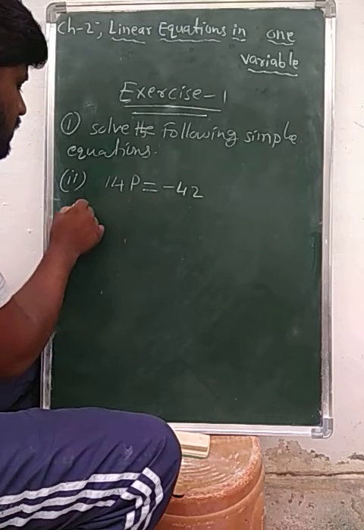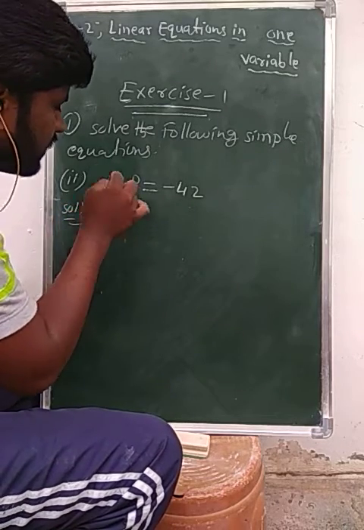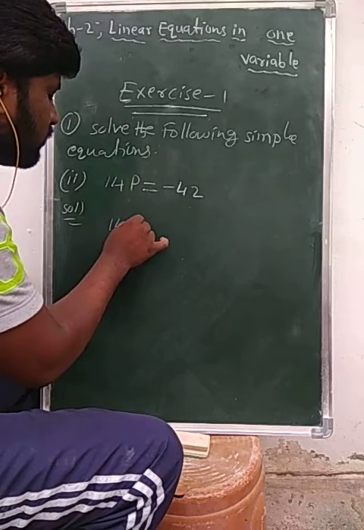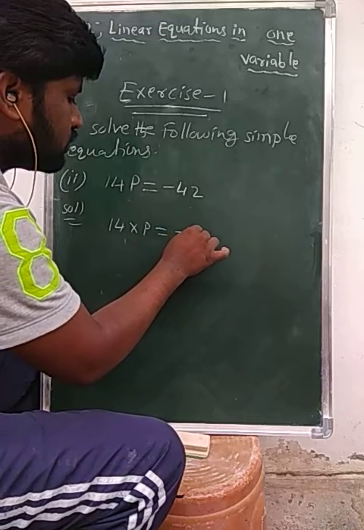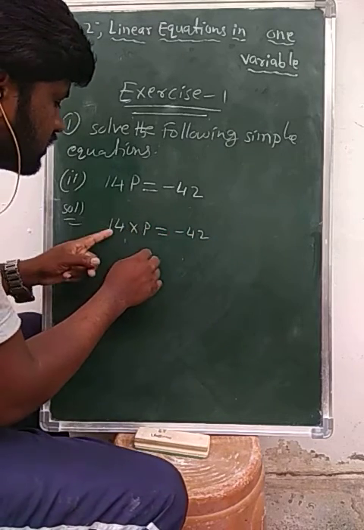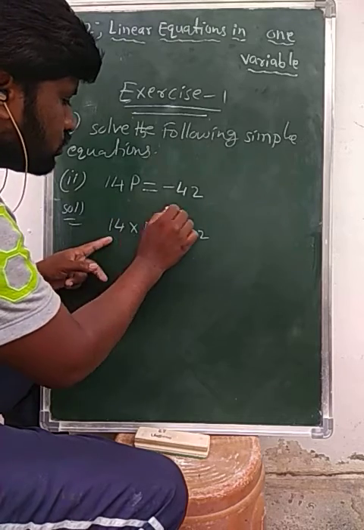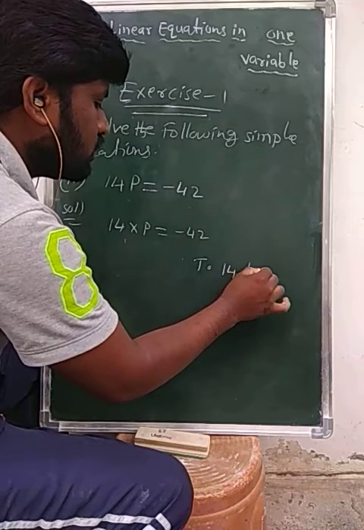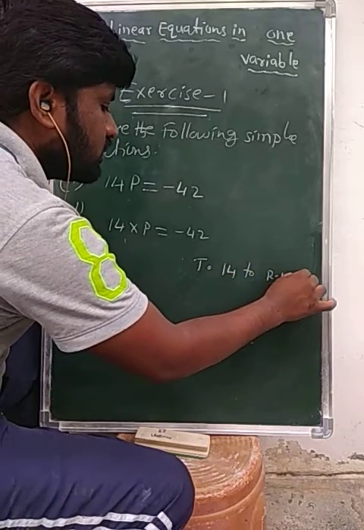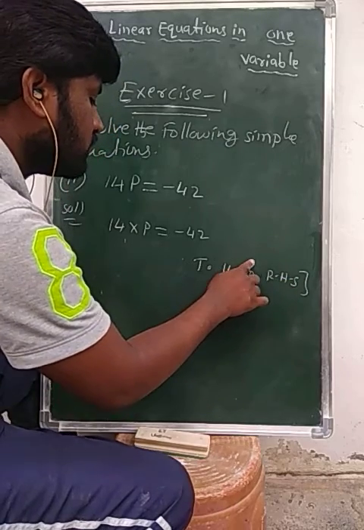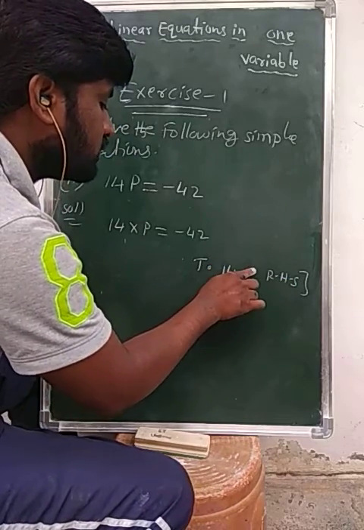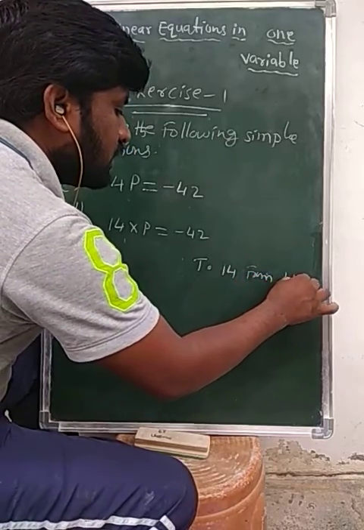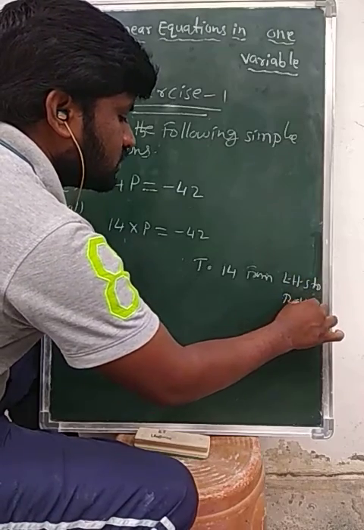Now 14p, how should we understand it? That is the product of 14 and p, the 14 into p, that is equal to minus 42. Now I am transposing 14 to the RHS side, from LHS to RHS.